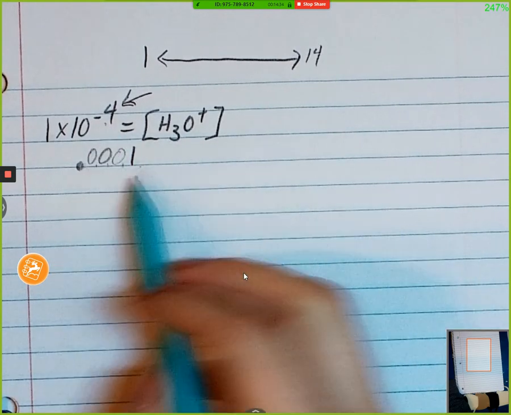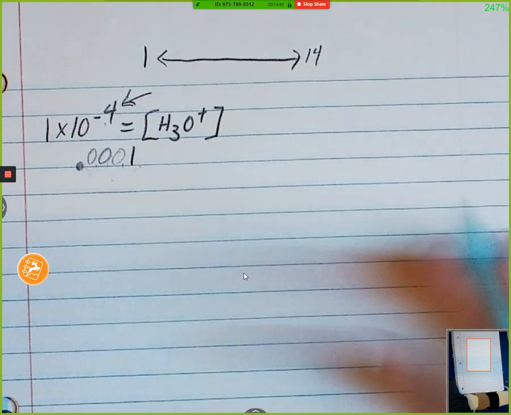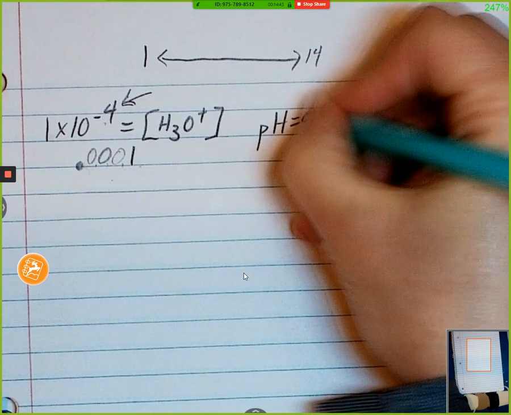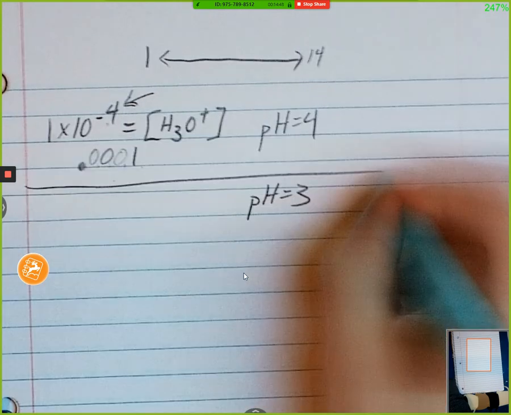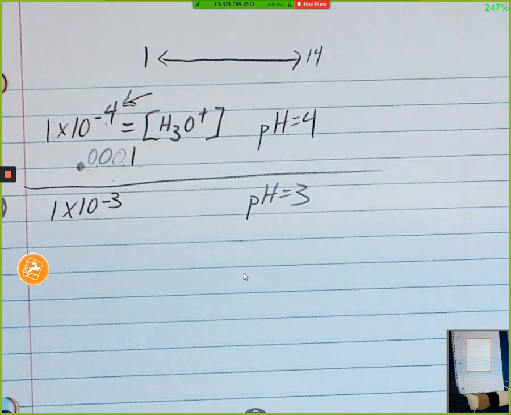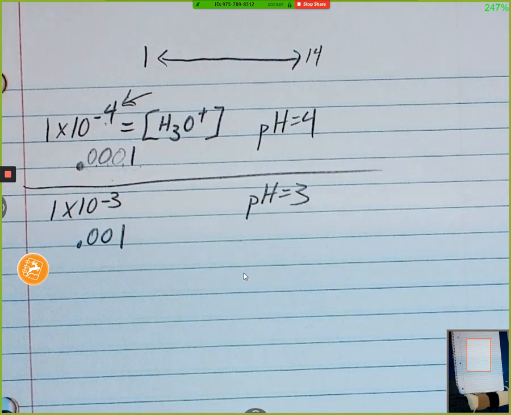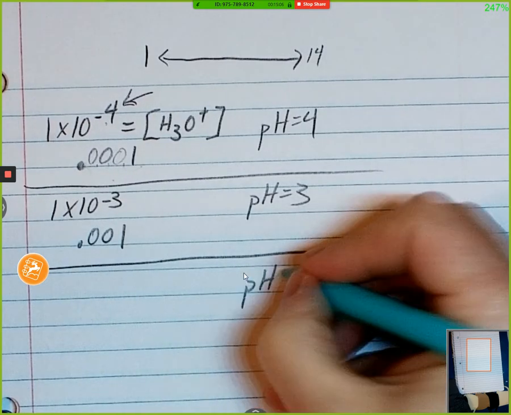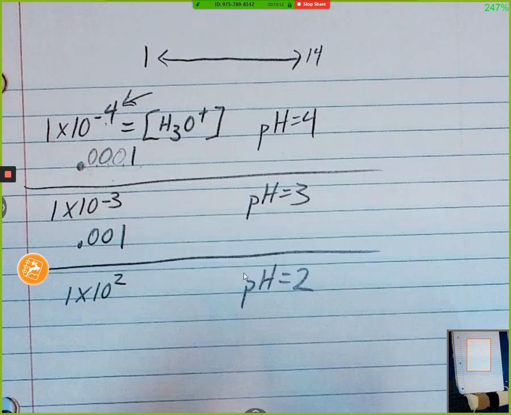Now if I had something that had a pH, let's say, of 3, then it would have a hydronium concentration of 1 times 10 to the negative third, or 0.001 moles per liter. If I had something that had a pH of 2, we saw this on the slide a minute ago, then it would have a hydronium concentration of 1 times 10 to the negative 2 power, or 0.01.